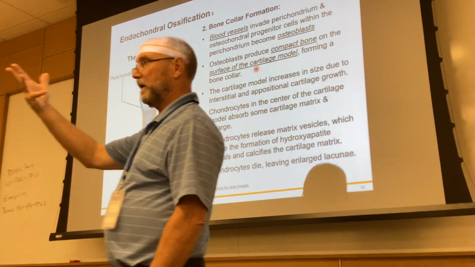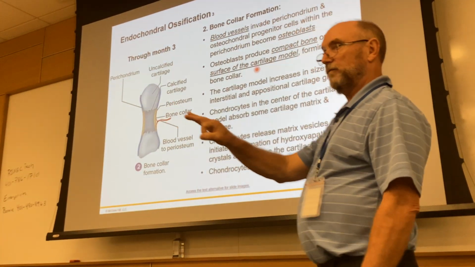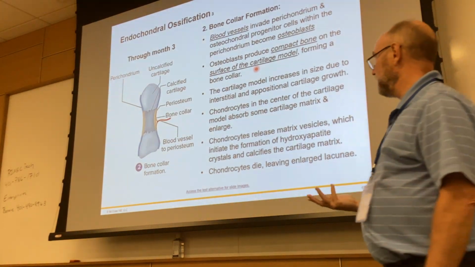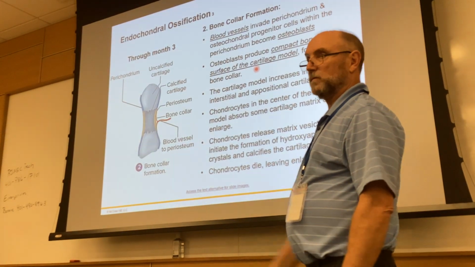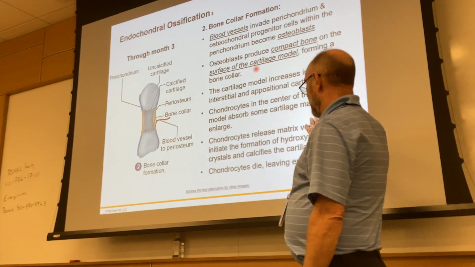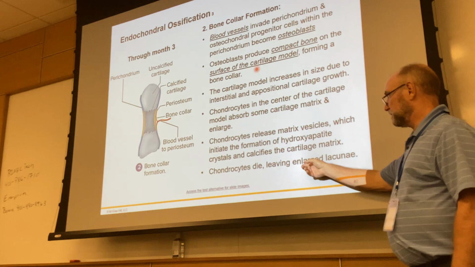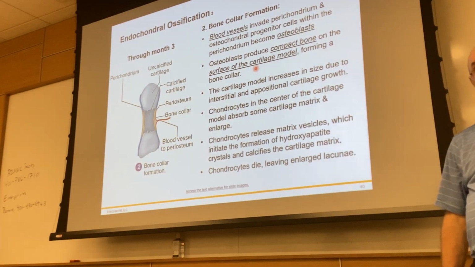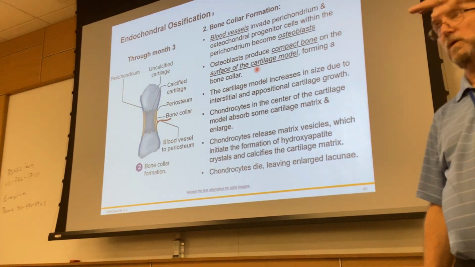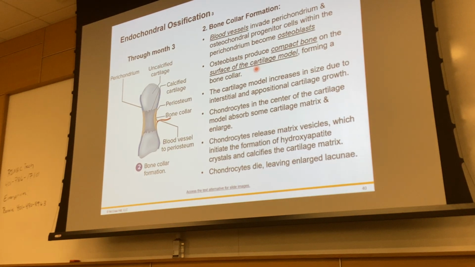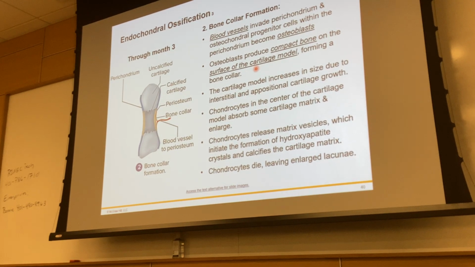As this is developing, we have blood vessels forming, and you also have nervous tissue invading or innervating it, so that the whole thing will happen. As the chondrocytes develop here, eventually these chondrocytes will die, and then they will no longer be producing more cartilage here, but will then be replaced by bone.